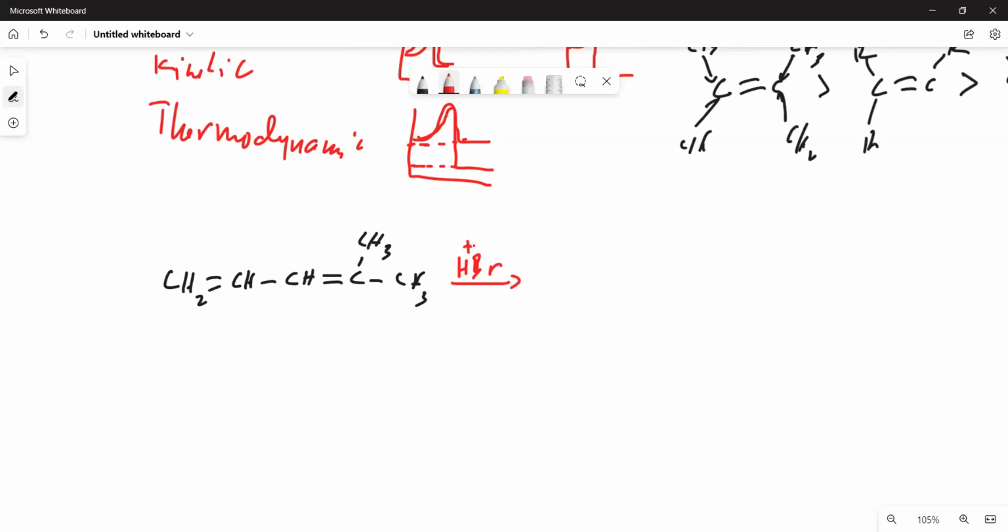Where are you going to attach the H plus? Are you going to attach it here and do the 1,2 and 1,4? Or are you going to attach the H plus here at the start to do the 1,2 and the 1,4? That's the first thing that you're going to analyze, because the positioning of the electrophile will change the products, the 1,2 and the 1,4.